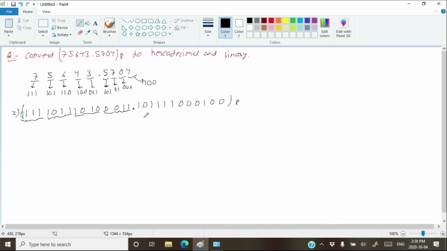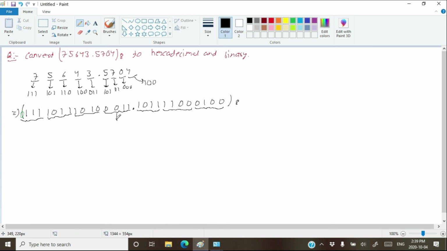Now group the bits of the fractional part from right to left in the group size of 4 bits. So take from right to left 1, 2, 3, 4, one group, 1, 2, 3, 4, second group, 1, 2, 3 and 4, the third group. So here we have 3 groups.